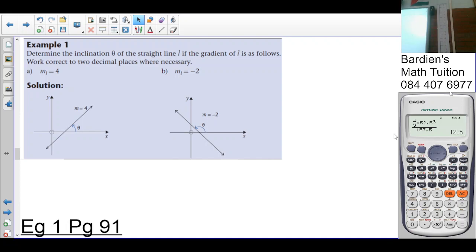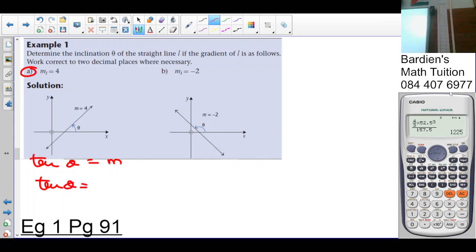So what do I say? Tan of theta is equal to your gradient. What's the gradient of this line? 4. So in other words, I'm working out theta. How do I work out theta?